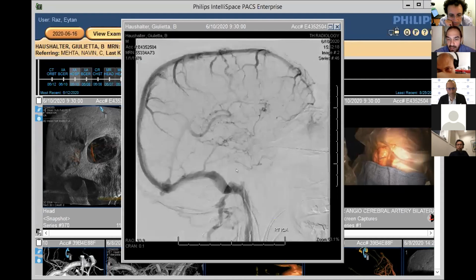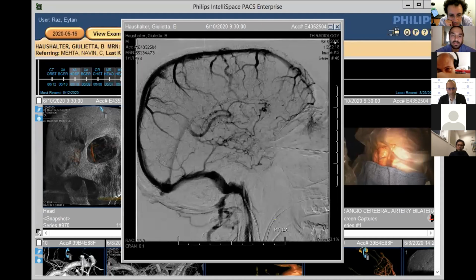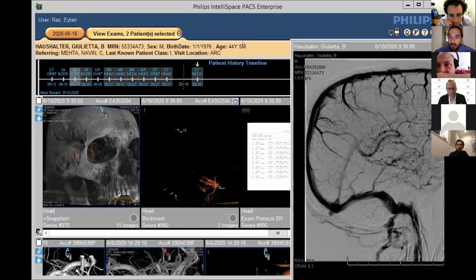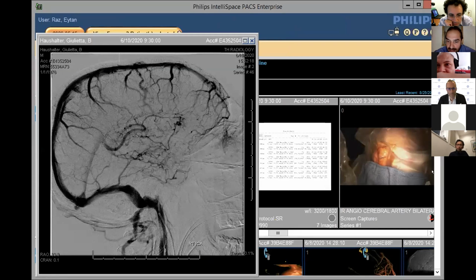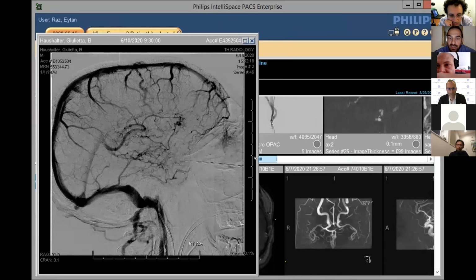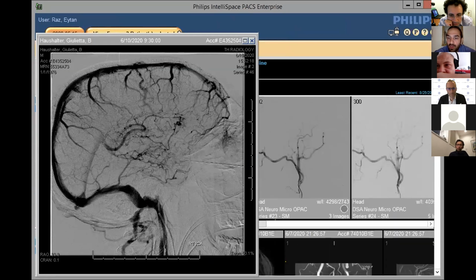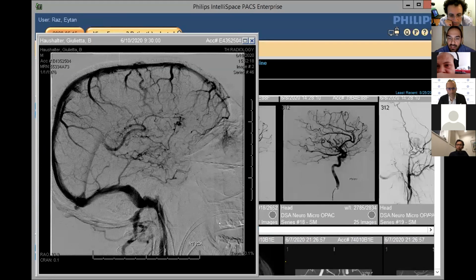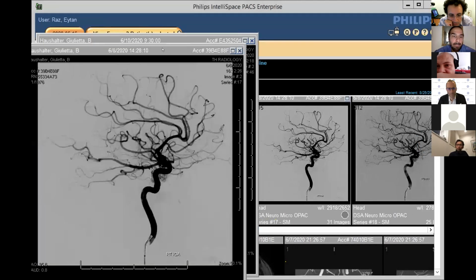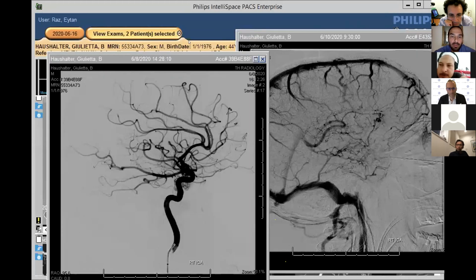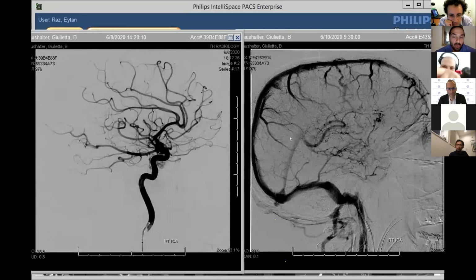And here I want to point out something on this image. So let me show you. This is the final ICA run, and it becomes interesting to see how it compares to before, because even if the patient didn't have any issue in terms of seizure or other brain problems, we noticed on the MRI and the angiogram that there was congestion, right?